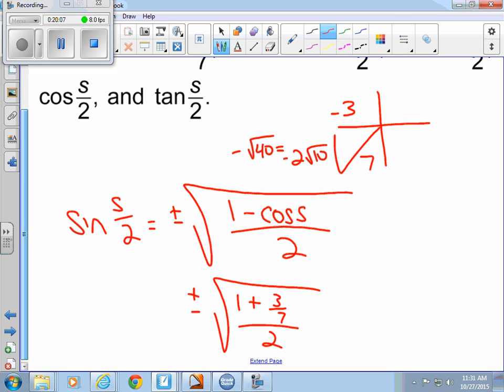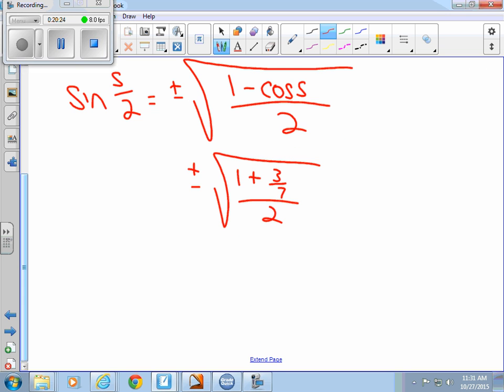Y'all okay with how I got the plus 3/7? Good. 7 over 7 plus 3 over 7 is 10 over 7. Divided by 2 is 5, square root of 5 over 7. Everyone agree? Any questions about that? Good.